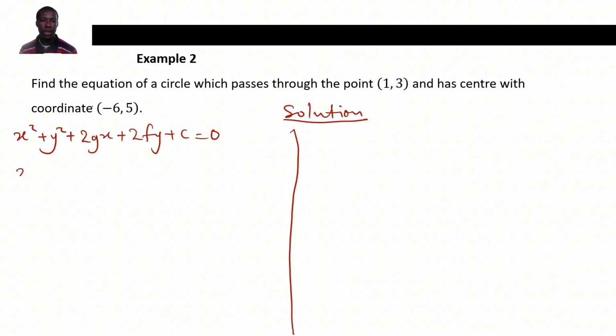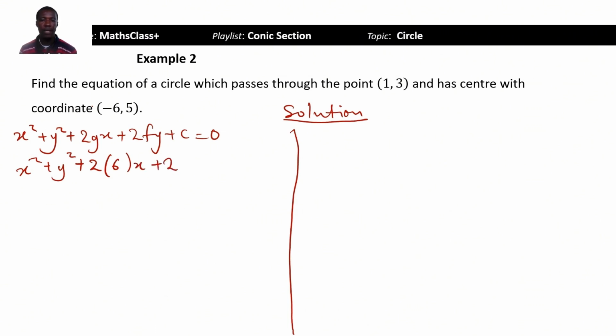And so that we'll get x squared plus y squared plus 2. Now we note that g is negative a. And so negative of negative 6 will become positive 6. And then we also note that f is negative b. And so 5 will become negative 5.